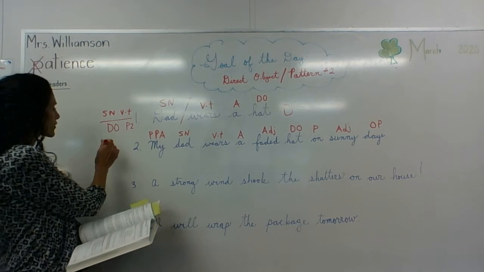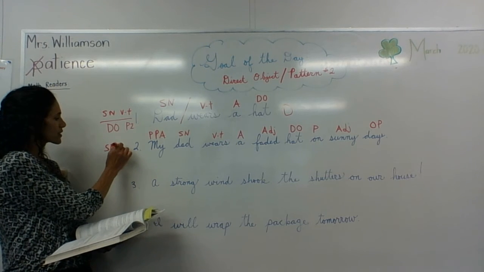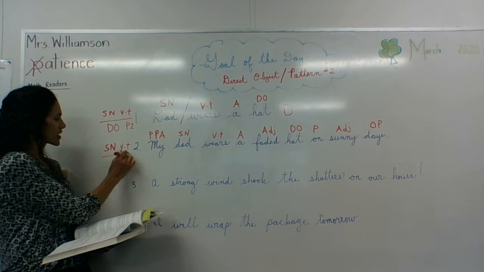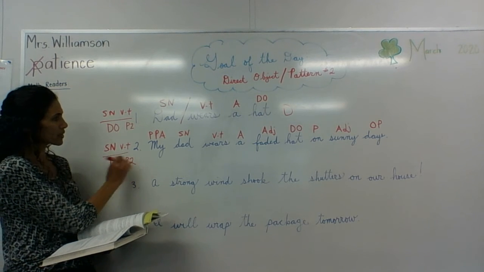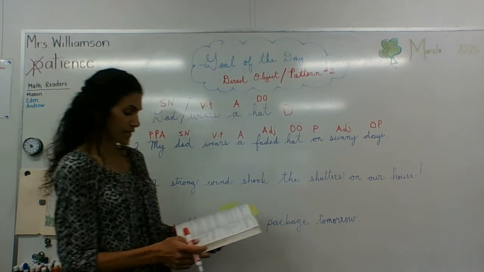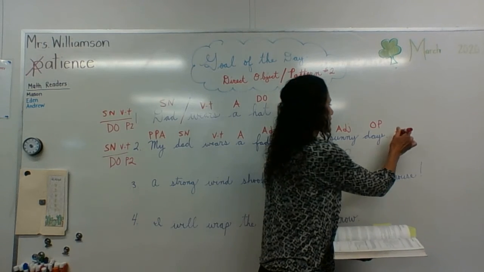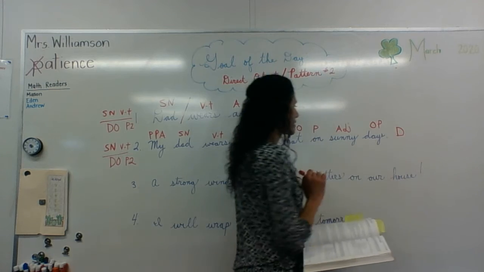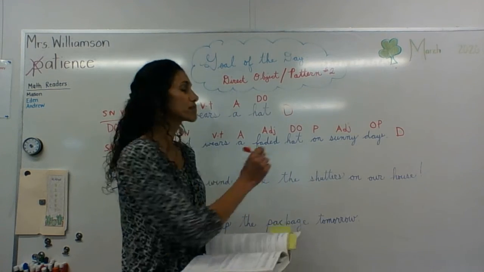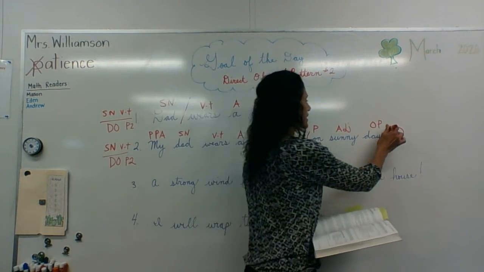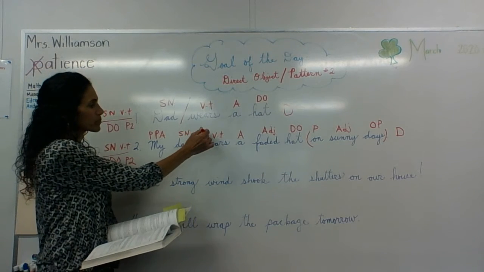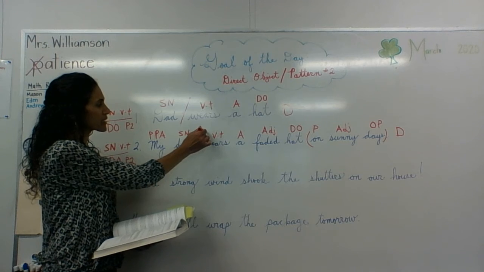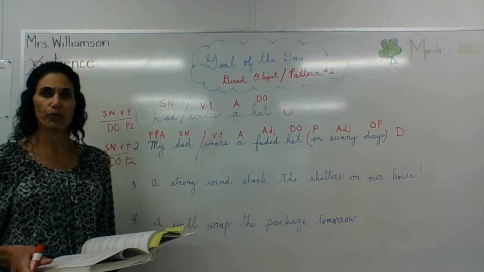So then over here, subject, noun, verb transitive, direct object, pattern 2. Period, statement, declarative sentence, preposition, on sunny days. Go back to the verb, separate the complete subject from the complete predicate, and we're done.